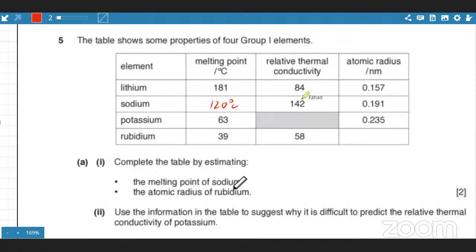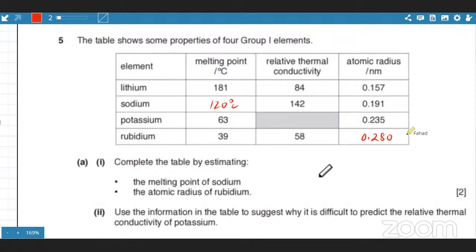And they're also talking about atomic radius of rubidium. Rubidium is over here. So the radius is slightly, this is 15, 19, 23. So I think it's increasing by 4, 5, 9, 23. So let's make this 0.28. And 3 significant figures, that's 0.280.